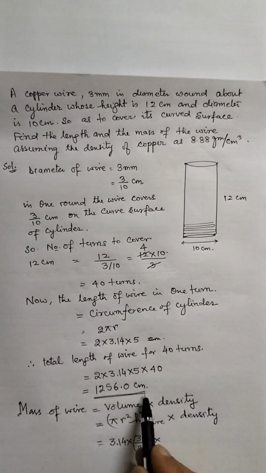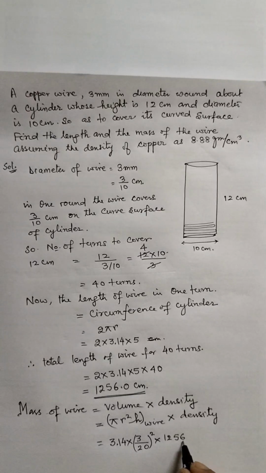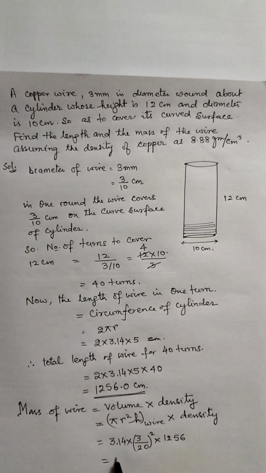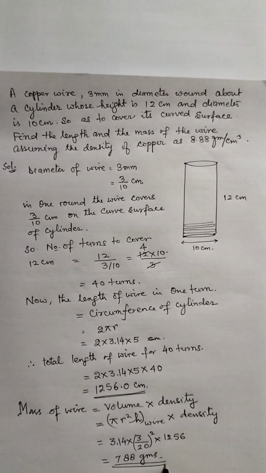Height is actually the length of the wire, that is 1256 centimeter. On simplifying, we get 788 grams. So this is the mass of the wire and the final answer.